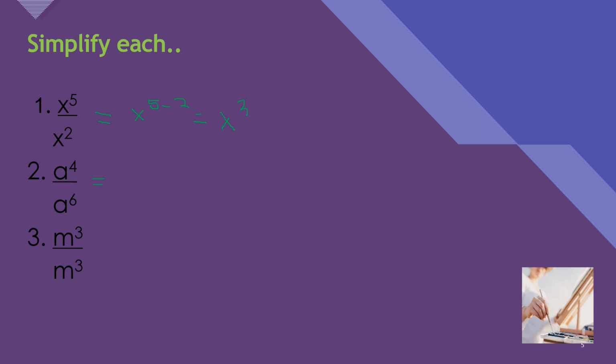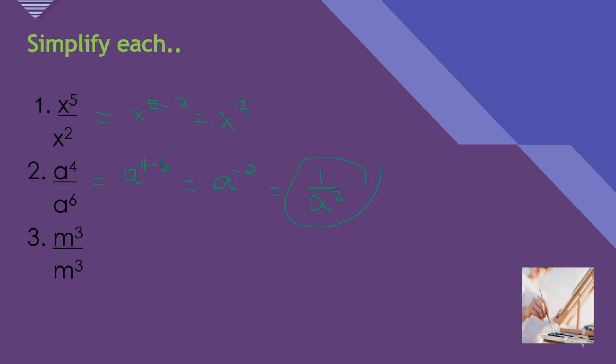And then here we have a to the 4 minus 6, so that would be a raised to negative 2, but there is no negative exponent. So we need to make this positive: just write 1 above, and then move it to the bottom to make it positive.